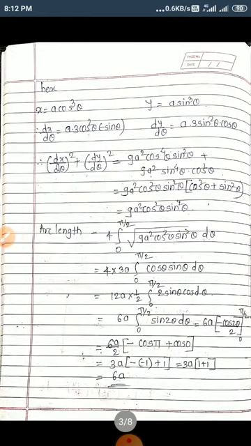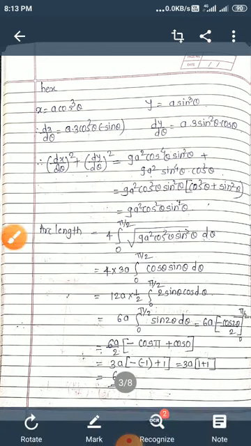Now for our formula, we want dx by d theta and dy by d theta. Here x is equal to a cos cubed theta, y is equal to a sin cubed theta. Differentiating with respect to theta, we get a into 3 cos squared theta into the derivative of cos, minus sin theta, using the chain rule. Similarly, dy by d theta is equal to a into 3 sin squared theta, and the derivative of sin theta is cos theta.